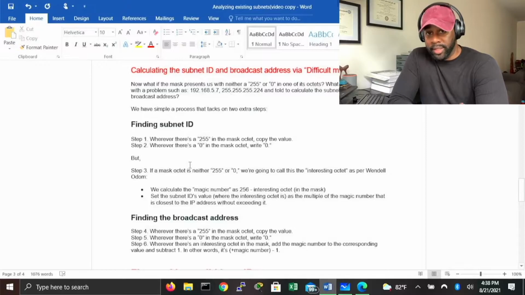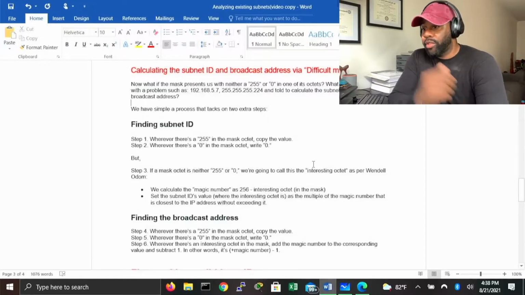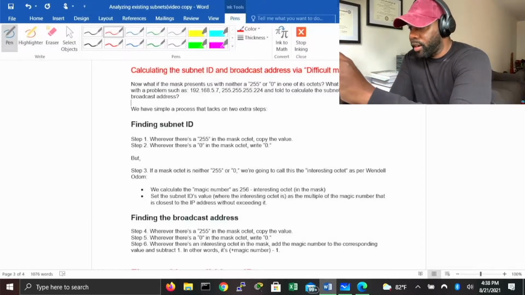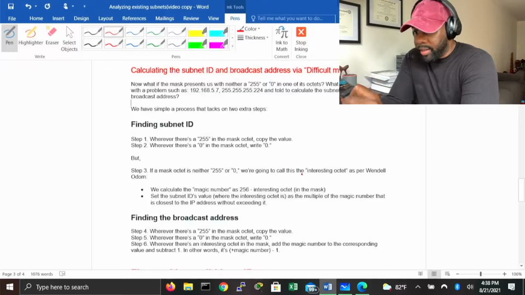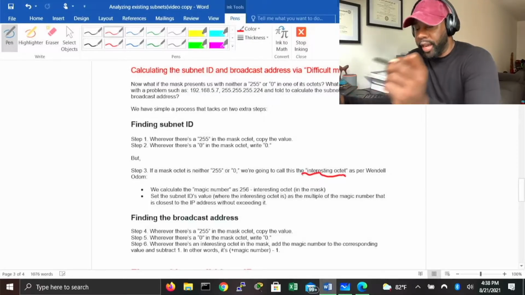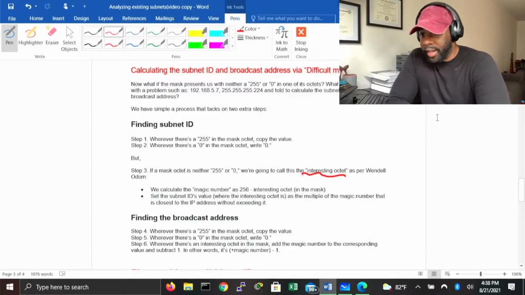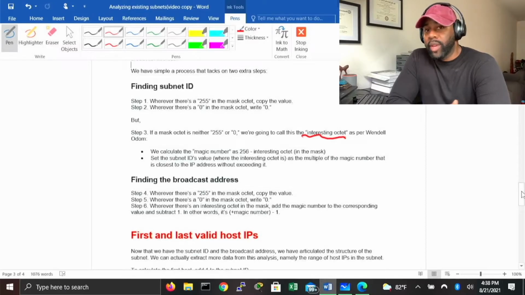But, and this is step 3, if a mask octet is neither 255 nor 0, we're going to call this the interesting octet, as per Wendell Odom. He calls this the interesting octet, and it tells us where we really need to pay attention.